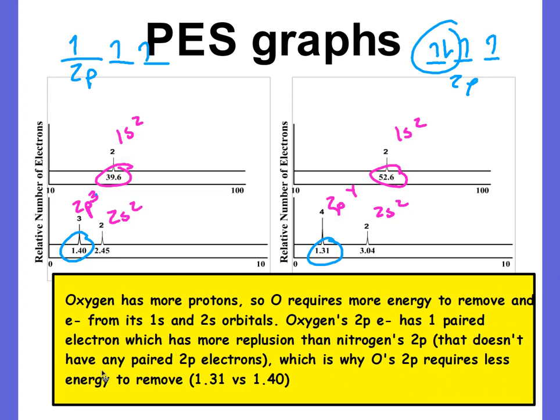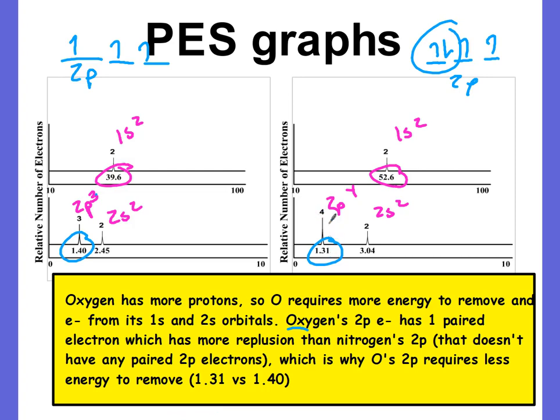That would be the only reason why something that has more protons is easier to remove: there must be some repulsions going on. So oxygen's 2p electrons have 1 paired electron, which has more repulsions than nitrogen's 2p, which doesn't have any paired 2p electrons, which is why oxygen's 2p requires less energy to remove.